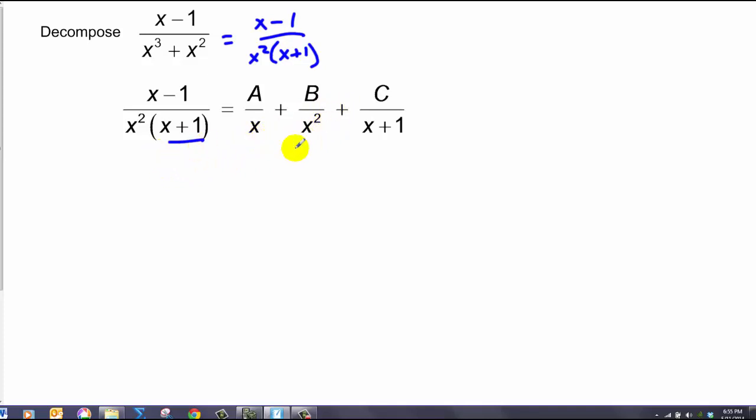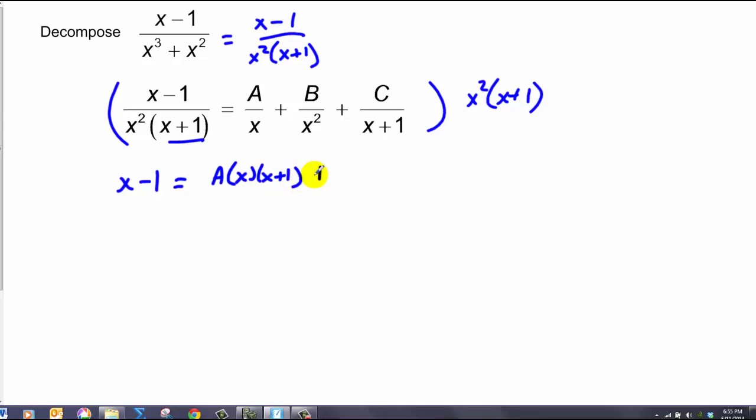It's x times x. So now what we're going to do is solve for a, b, and c in this case by multiplying by x squared and x plus 1 to get rid of my denominators. I get x minus 1 is equal to a times x plus 1 plus b times x plus 1 plus c times x squared. Distribute all this out.